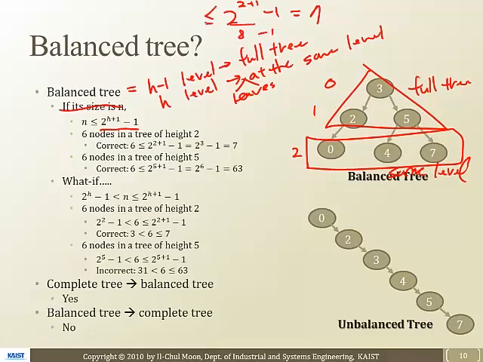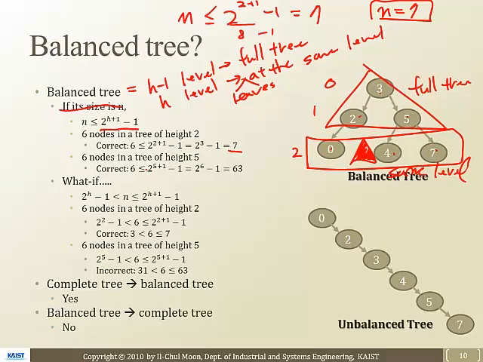It's going to be less than or equal to n. And if n is equal to 7, we call it a full tree. Here we can store up to 7 nodes, but we have only 6 nodes: 1, 2, 3, 4, 5, 6. The empty space is around here, just 1 node. If we count this possible content, 1, 2, 3, 4, 5, 6, 7, we can store up to 7 nodes.